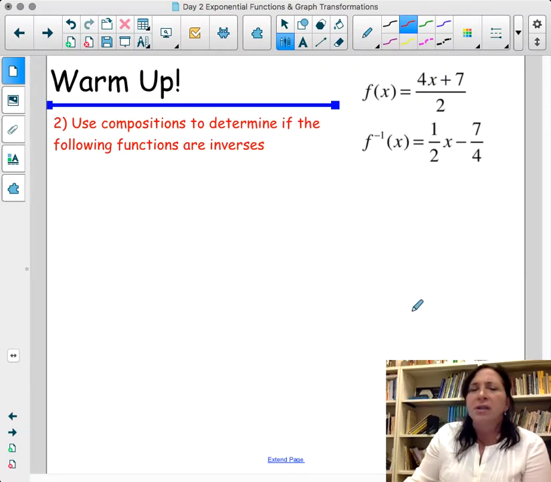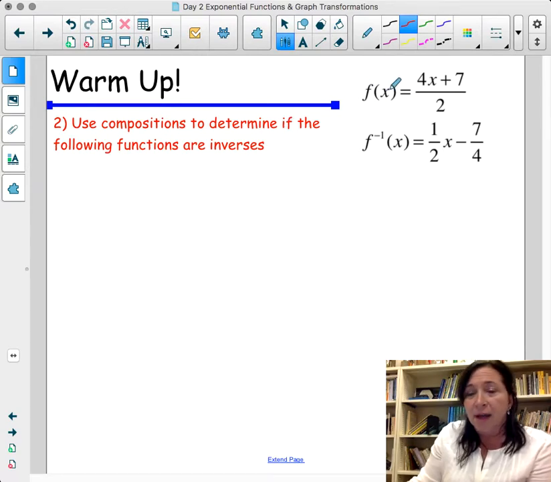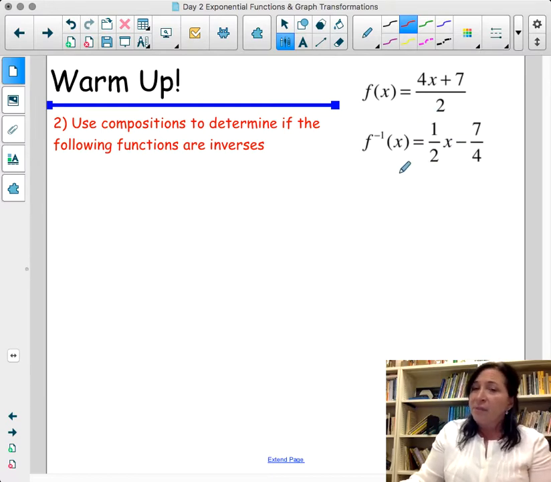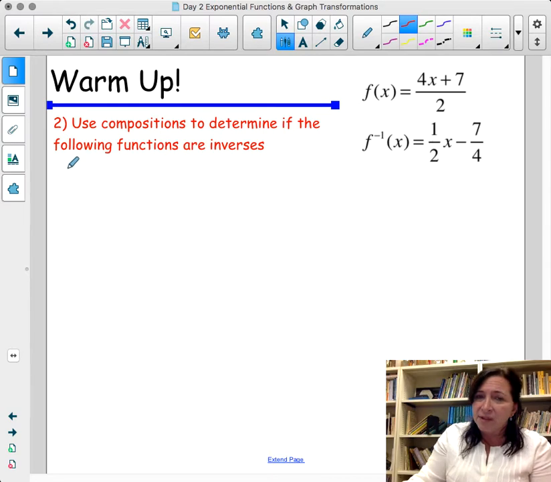So the next question that we're going to review is, well, actually, these are already inverses, but I want to prove it. And you have to prove it based on what we call composition of functions. So what that means is I'm going to plug in this equation into that x. And then just to prove it, you have to do it twice.